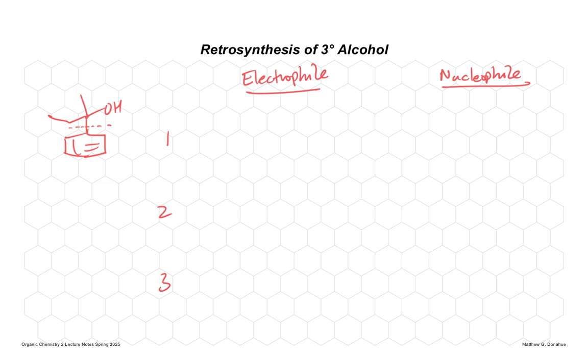It can't be an aldehyde because all of the substituents are carbon. So if it's a ketone, it's got to be 1, 2, 3, 4 carbons. And carbon 2 is the ketone for a carbonyl group. So that means this part of it has to be the organometallic. Switch it up and make it magnesium iodide. So that's one route.